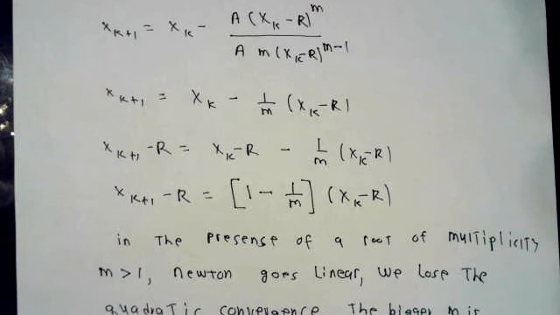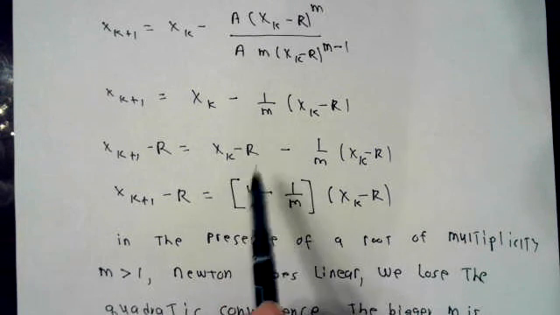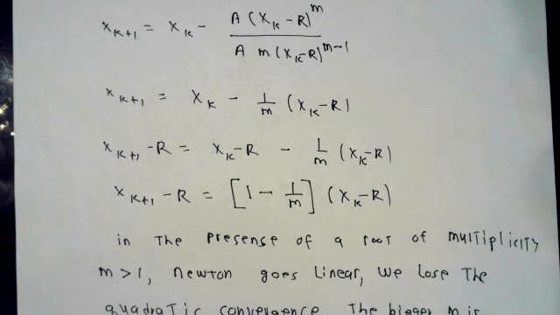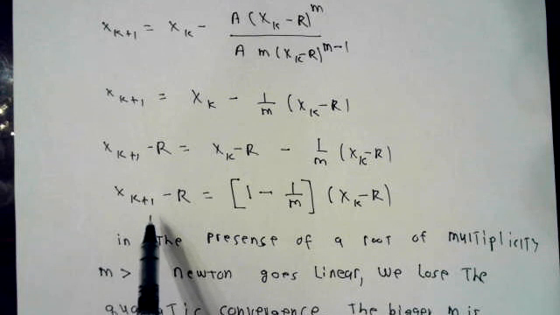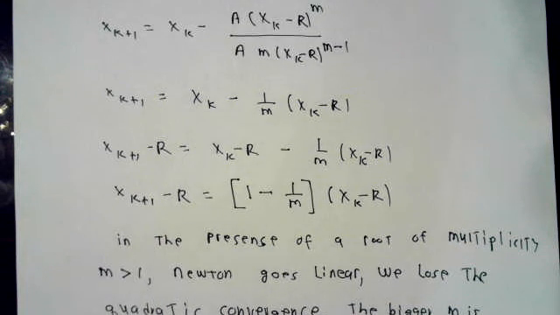What I'm going to do then is, out of this first piece and out of this second piece, factor out xk minus r, and I'll find out that the error at step k plus 1 is, in my trial problem, a constant times xk minus r.